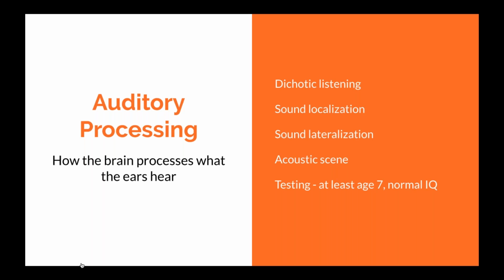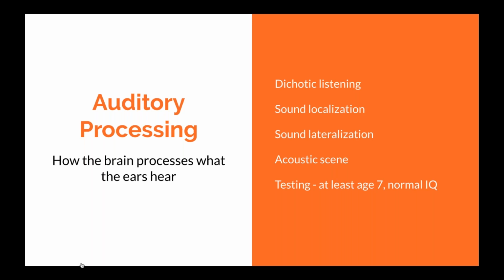And if you can't localize or lateralize sound, then you may get hit by that car when you're crossing the street. So again, extremely important for a child who's had a temporal lobe removed or disconnected in surgeries like hemispherectomy, TPO disconnection, temporal lobectomy, to have an auditory processing assessment.